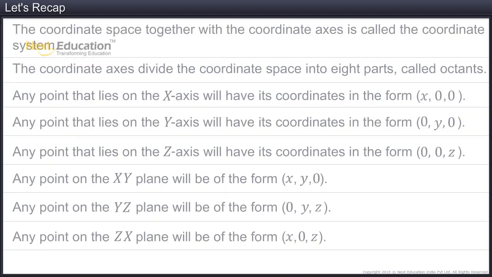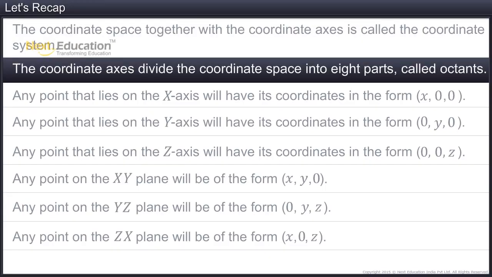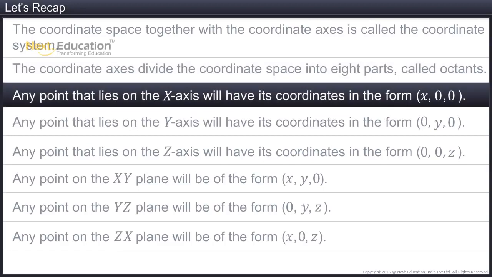In this module, you learned that the coordinate space, together with coordinate axes, is called the coordinate system. The coordinate axes divide the coordinate space into 8 parts, called octants. Any point that lies on the x-axis will have its coordinates in the form x, 0, 0.